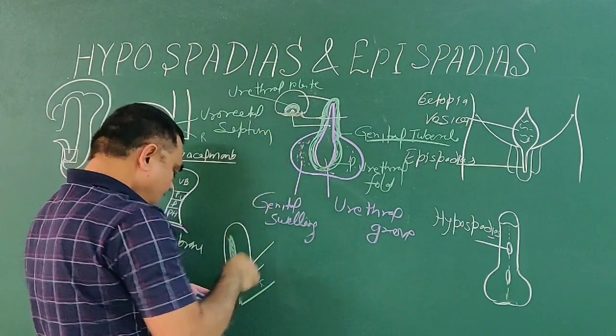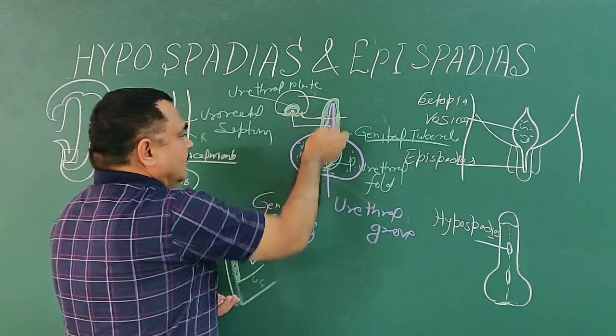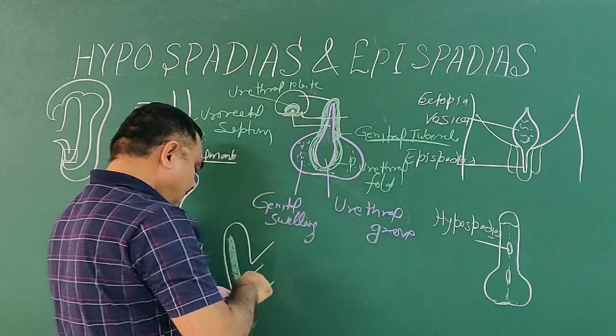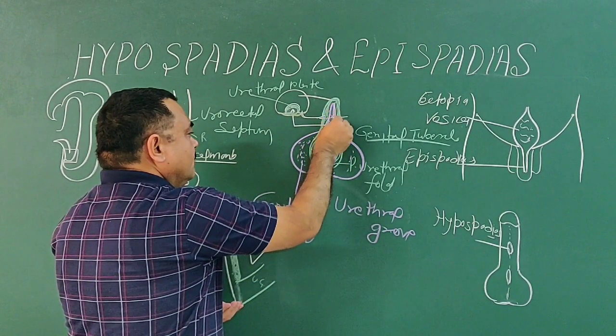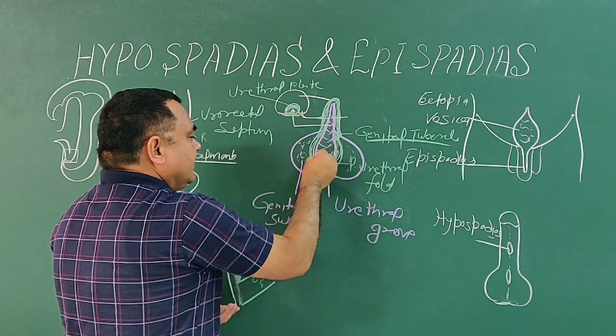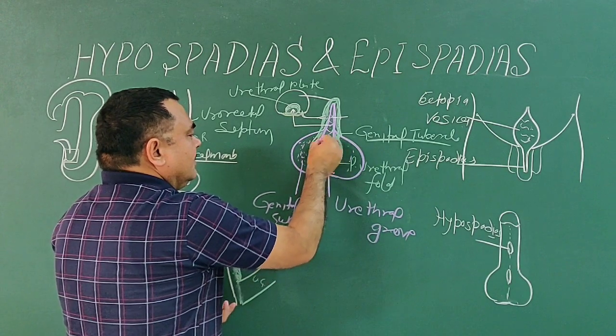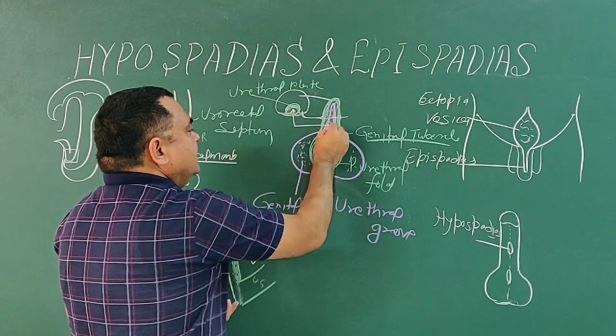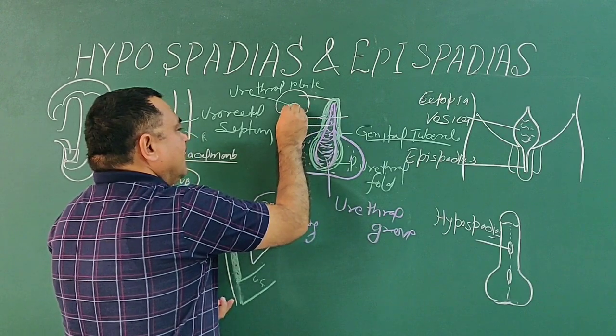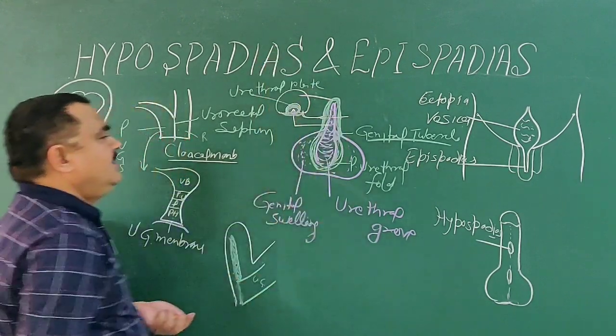With joining of these two folds in the medial plane, they join with each other and form the urethra. This is the penile urethra.